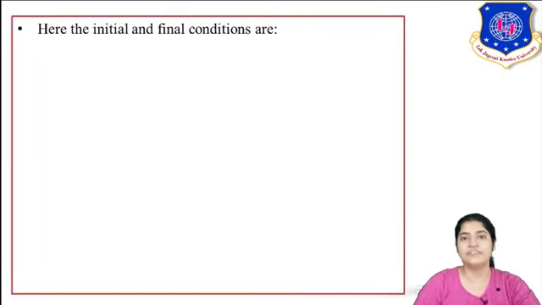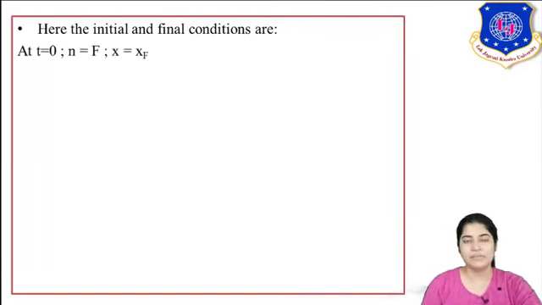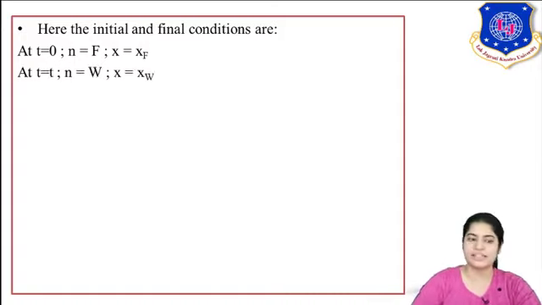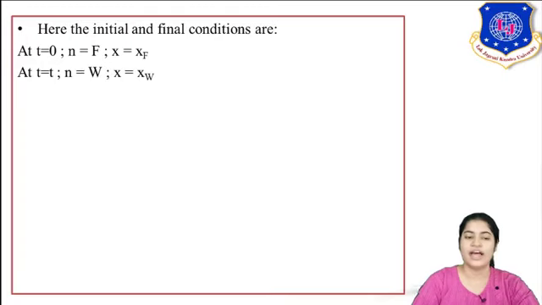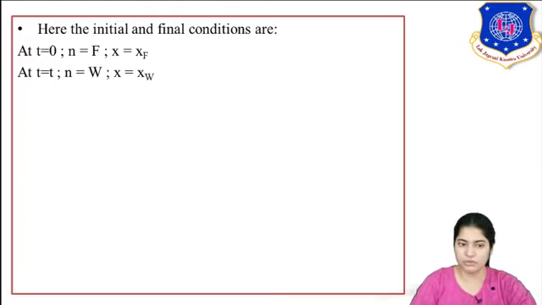Now, the initial and final conditions: at time equal to 0, when I am starting my batch distillation process, the moles which I have taken are F, and the composition of the more volatile component is XF. Now at any time t, the number of moles left behind in the distillation flask is W, the residue. Vapors have been taken out, so the remaining one is the liquid phase, residue, and the mole fraction is XW.